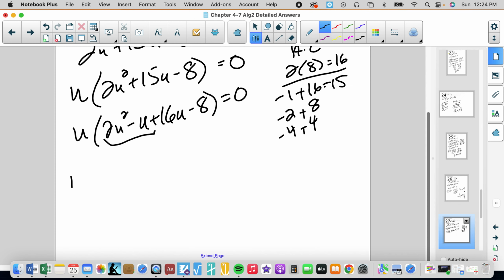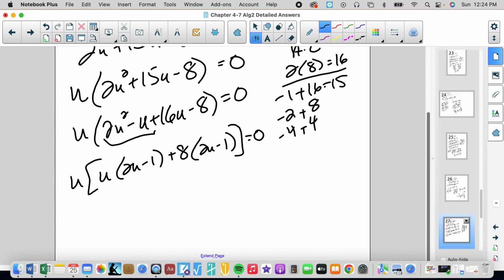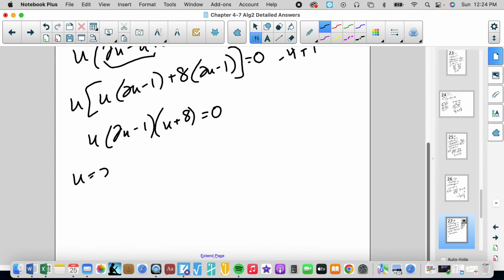Factor by grouping. You get u. We're going to factor out a u, which gives us 2u minus 1. We're going to factor out an 8, which gives us 2u minus 1 equals 0. We get the u, we have the 2u minus 1, and you have the u plus 8. u equals 0. 2u minus 1 equals 0. u plus 8 equals 0.